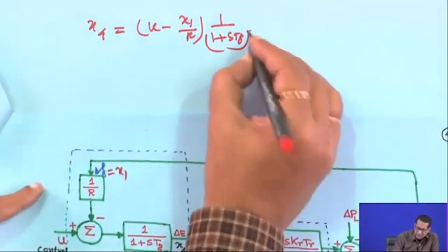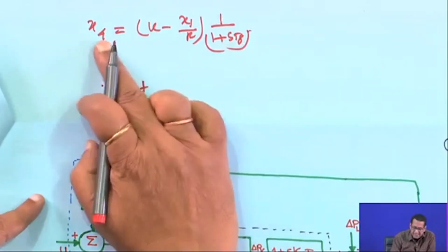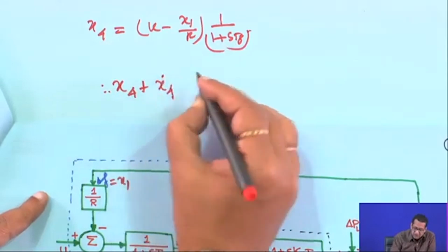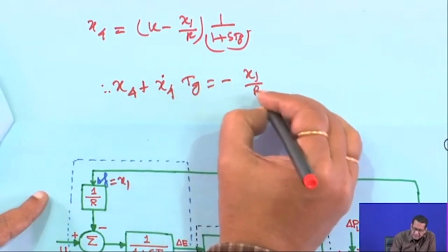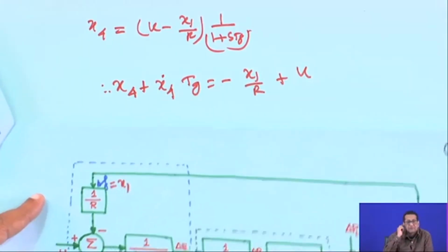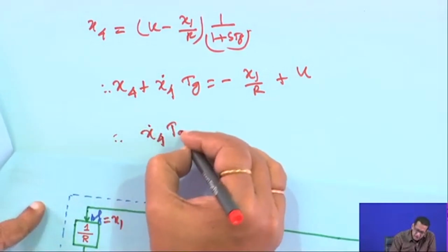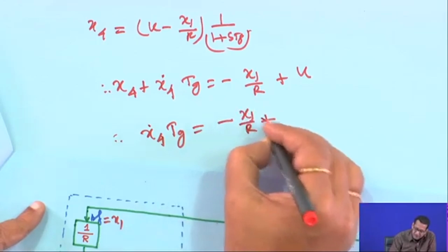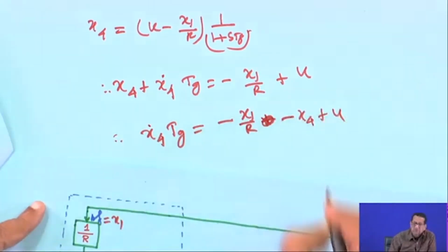So make cross multiplication again. Writing directly, it is x4 and s x4 Tg, where s x4 means x4 dot. So x4 dot Tg is equal to minus x1 upon r, minus x4, plus u.